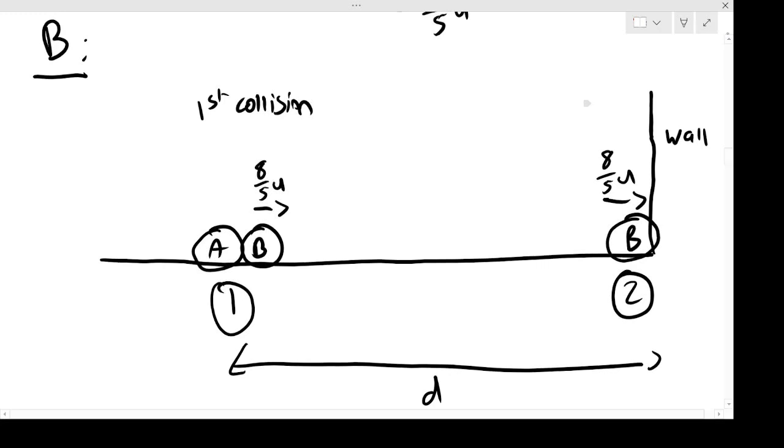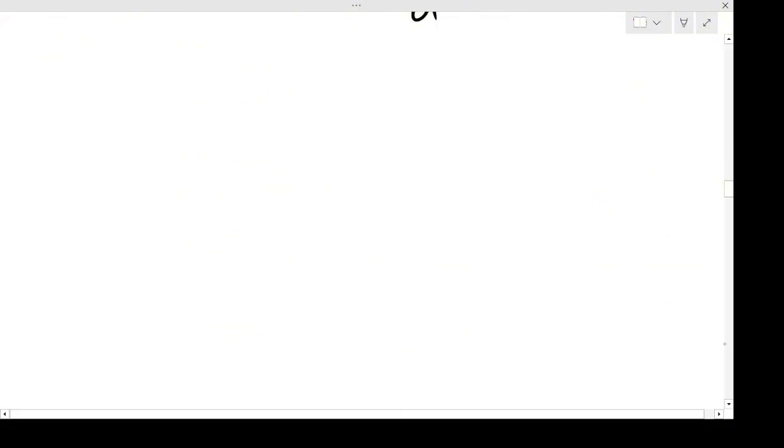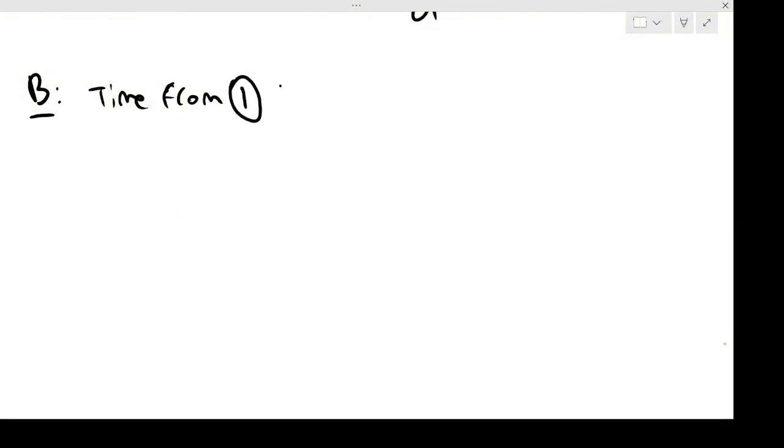So, if I look at point B, what do I know? I know a speed and I know the distance from the points. I can then work out the time, can't I? So, for B, the time from point 1 to point 2, well, again, that's going to be distance over speed. That's my formula for time, right?